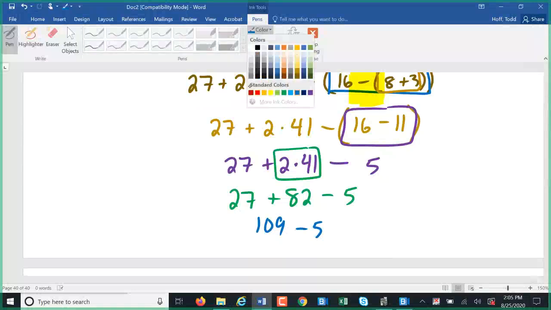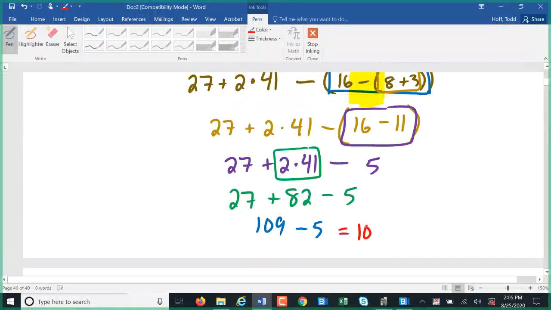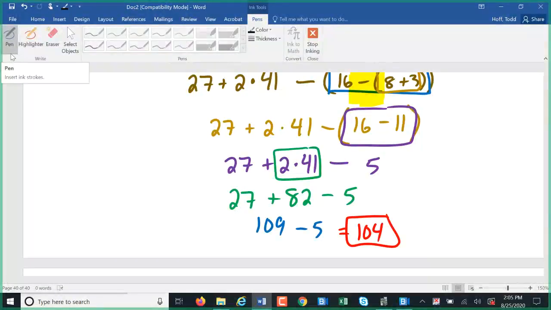And then the 109 minus 5 is 104. There's our answer, 104. Now that was, to say the least, pretty ugly. Not going to deny that. That was an ugly problem to do.